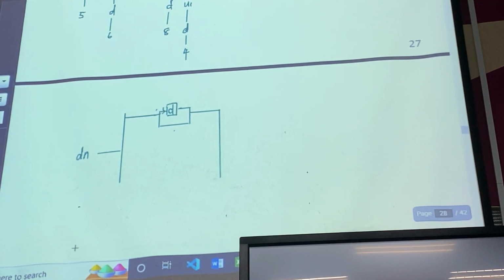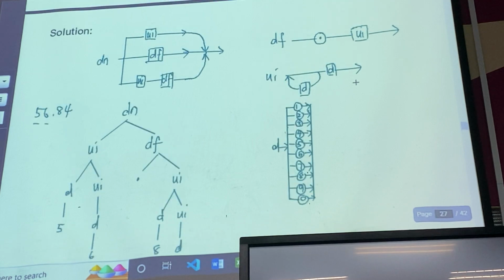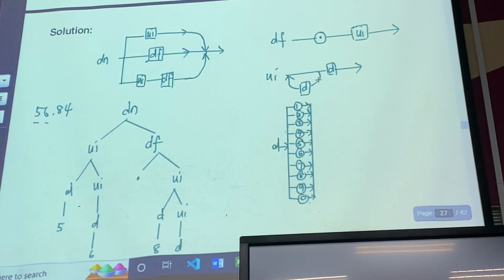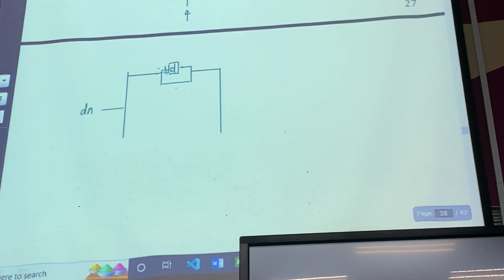Just now the decimal number we need to substitute with unsigned integer for the first line, right? This one, unsigned integer here. So we substitute the unsigned integer with this one, which is a digit unsigned integer, or digit only. Okay, so we have this. Either you substitute with digit only or digit unsigned integer.